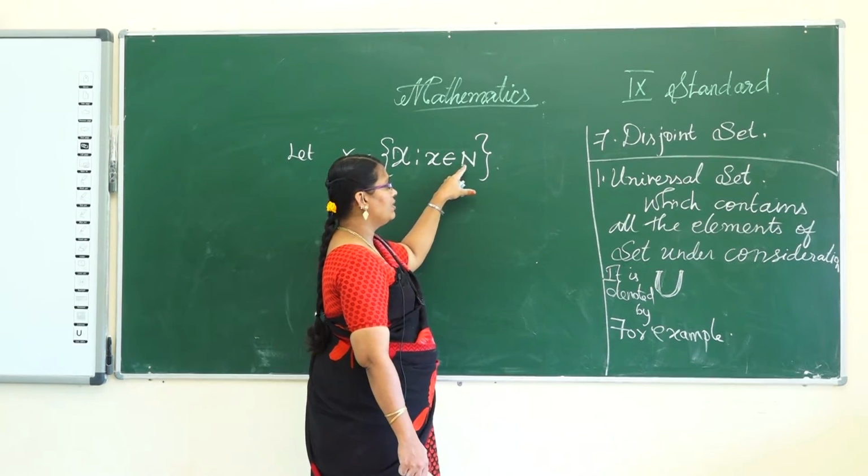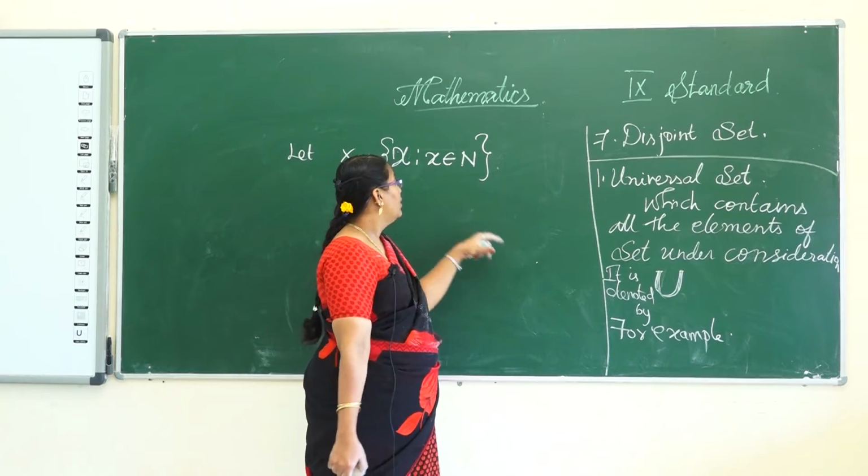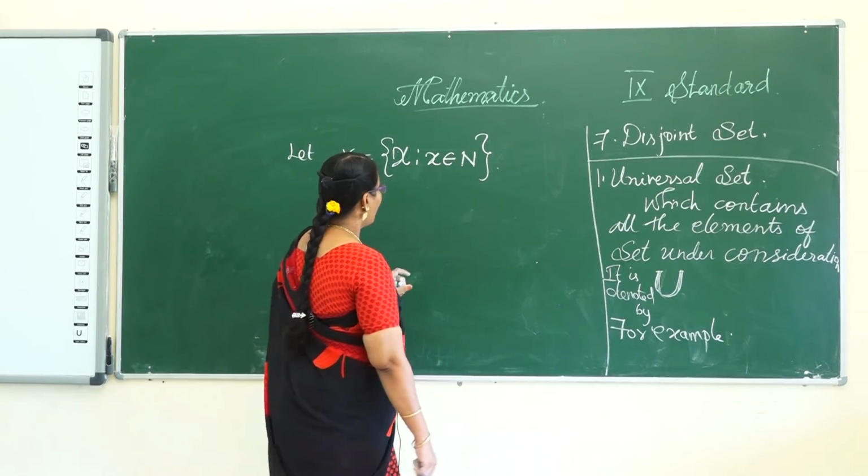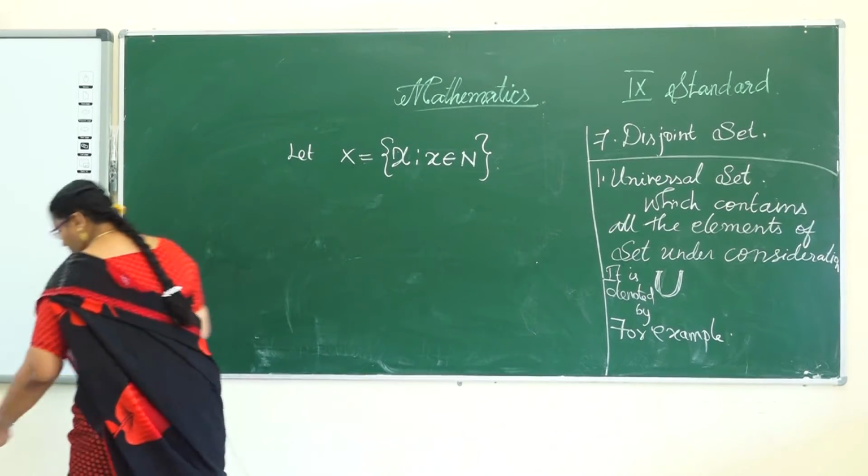So the natural numbers are the universal set of all the elements. That is the example.